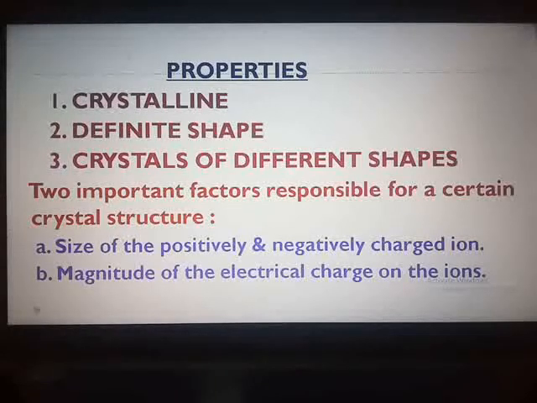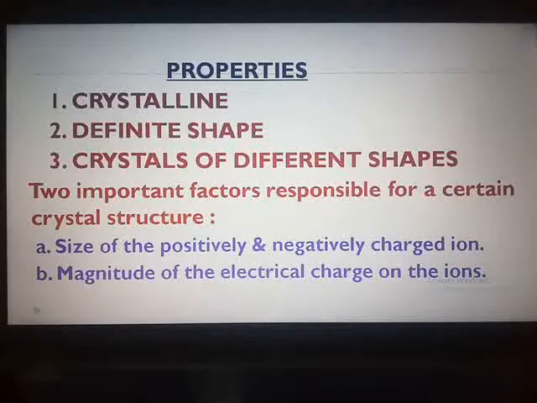Now if you see, the electrostatic attraction between the neighboring ions with opposite charges is very strong, and hence we have seen that the melting points of ionic compounds are very high, and also the nature of these ionic compounds is that they are very hard and brittle.